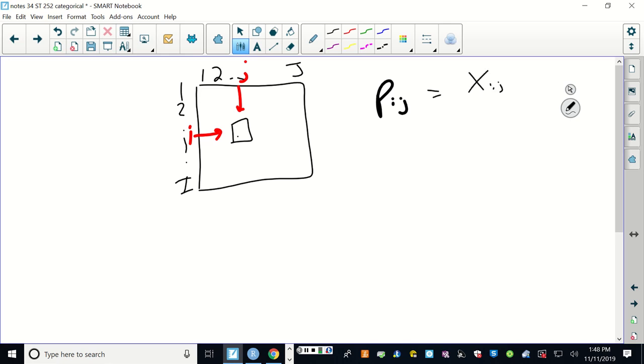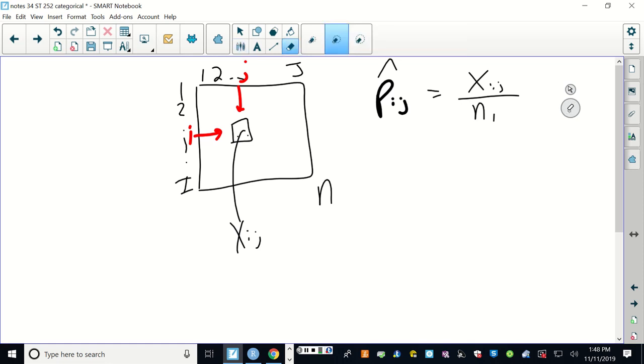If Xij is the count that's in here, an estimate of this is just Xij over N, where N is the total count. That's the general estimate of that proportion.